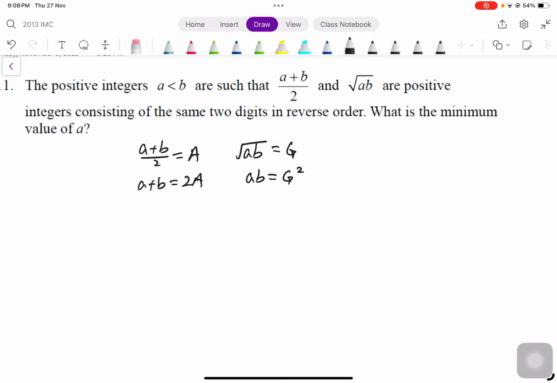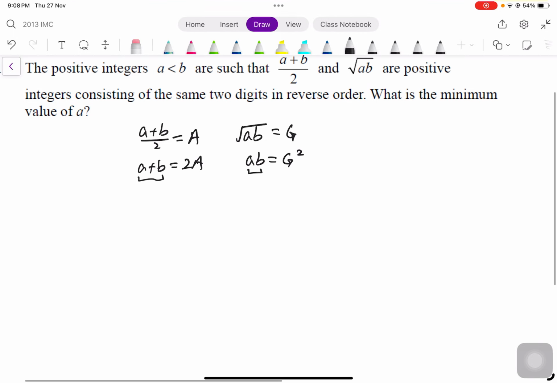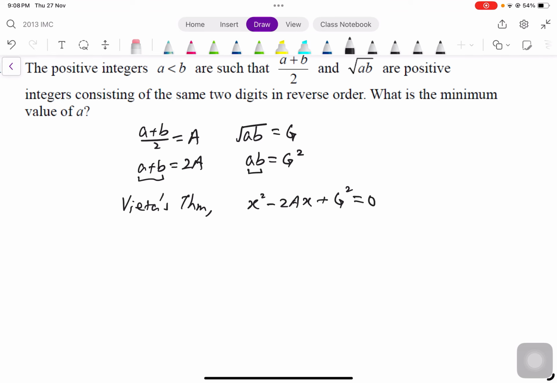All right, therefore you can think of it as the sum of roots, and this is the product of roots. Therefore we can use Vieta's theorem, or the reverse of Vieta's theorem. That means x squared minus 2ax plus g squared is equal to 0. Then from there you can solve for x.